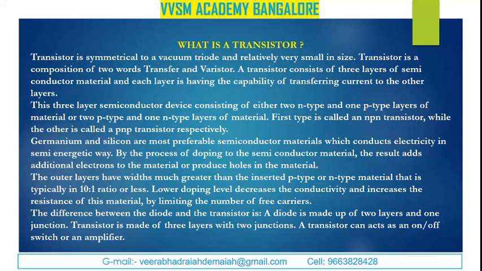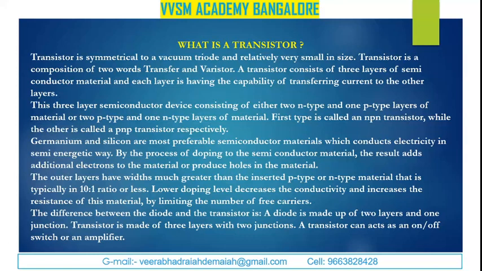I hope that you have understood the difference between the diode and triode. In a diode we have only positive and negative ends, but a triode includes a base between the two, positive and negative. Both vary the current flow. In a diode, the current flows in only one direction, but in a triode or a transistor it flows or varies in different directions.